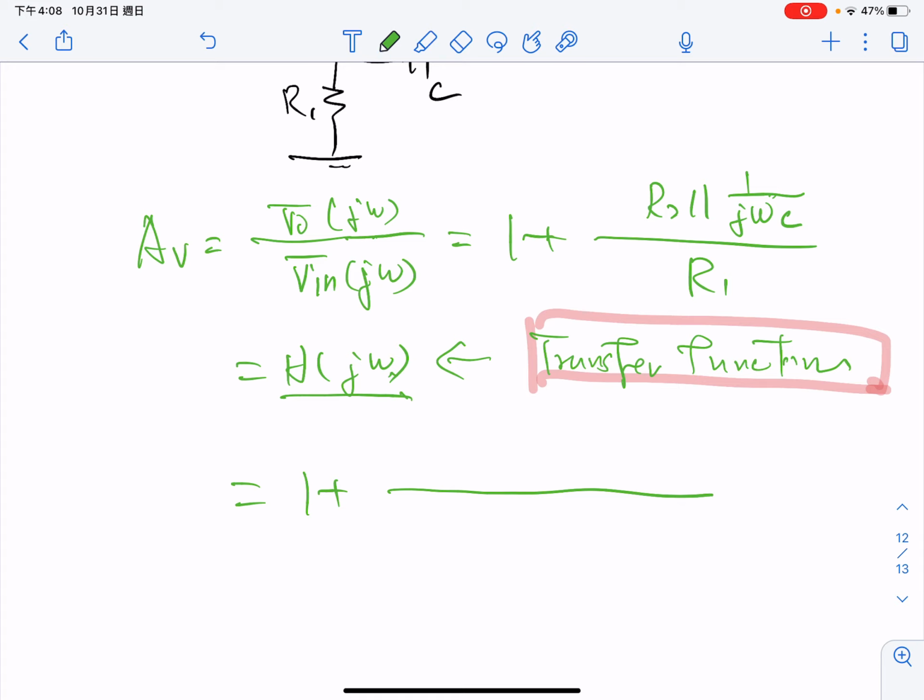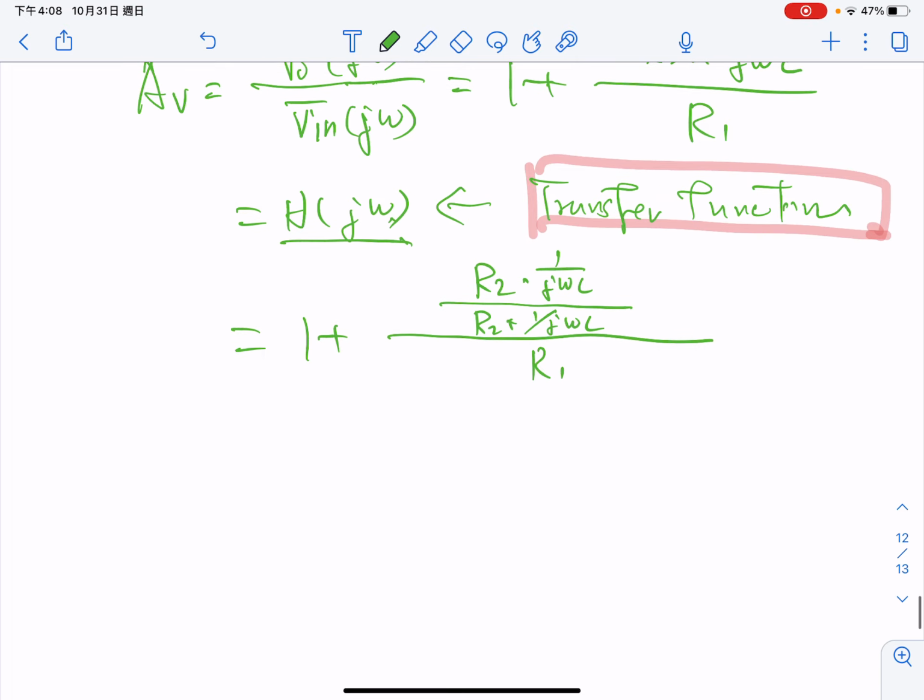And let me do it this way. This one will be equal to j omega C over R2 plus 1 over j omega C, and this is R1. Okay, and let me do it again.